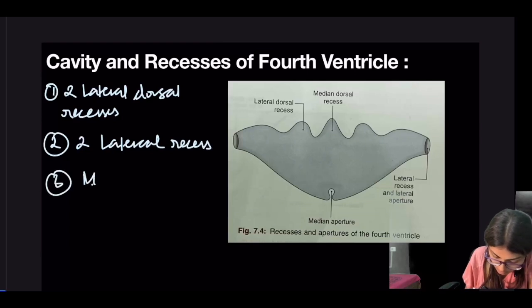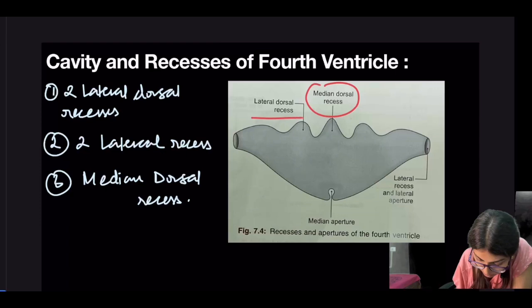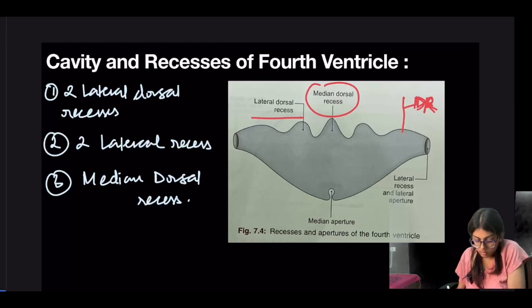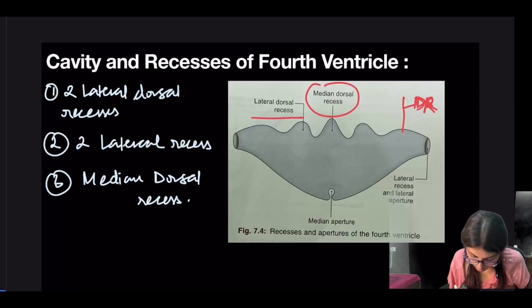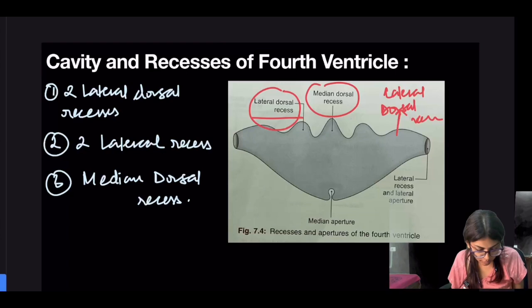Third is one median dorsal recess, which is present in between the two lateral dorsal recesses. This is not asked in the exam, so only the names are important. This is the first lateral dorsal recess, and this is the second lateral dorsal recess.